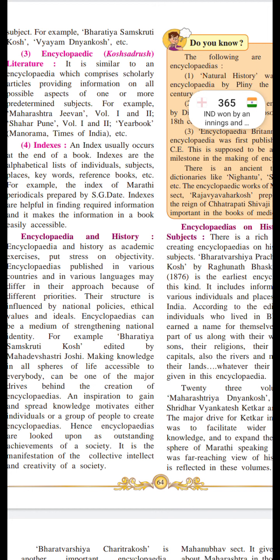Similarly, the other two volumes contain biographies of individuals of the respective periods. In this way there are encyclopedias on history related subjects.